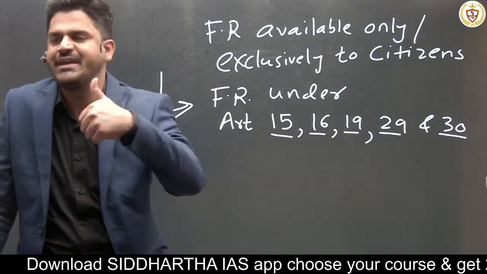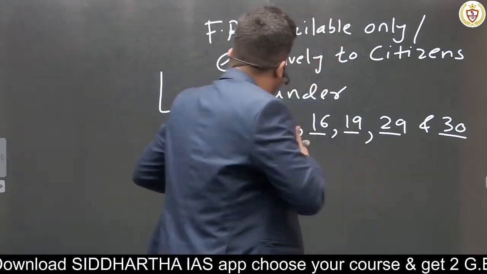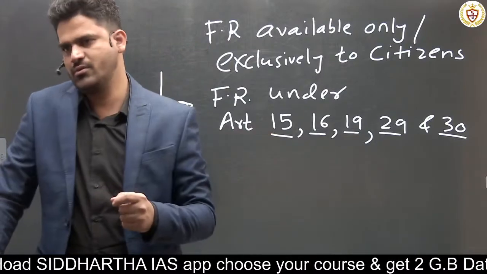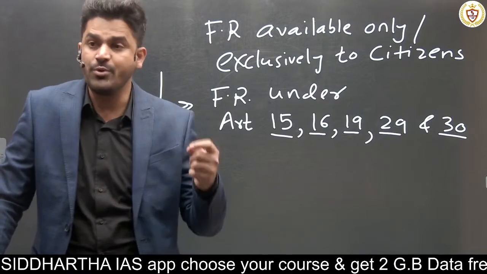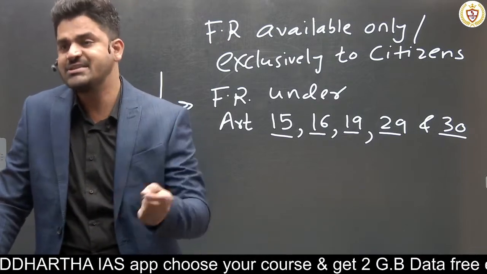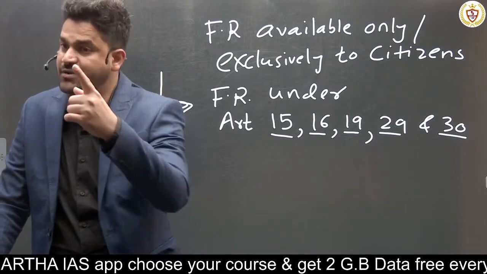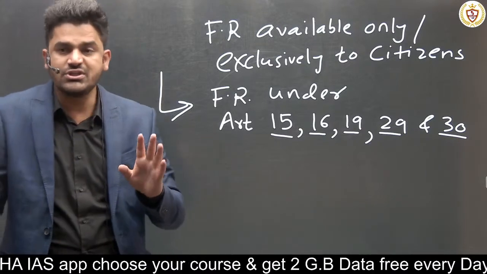What is article 15? I'm going to discuss all the articles in fundamental rights, but just for the sake of information, article 15 is prohibition of discrimination only on the basis of religion, race, caste, sex, place of birth. No citizen shall be discriminated.